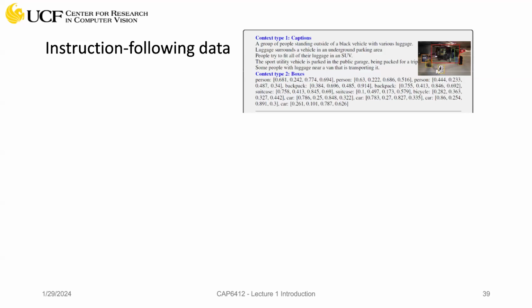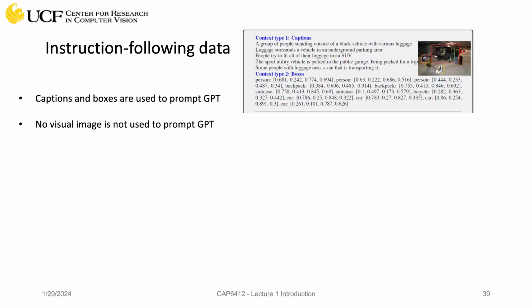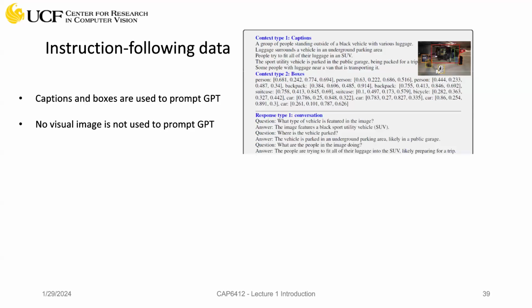You give a context of captions, you give a context of boxes, and then you prompt. You give it not to the image, but to the GPT. I think they used GPT-3.5 or something, so no visual images were used to prompt GPT, and they asked it to come up with question-answer pairs. So it came up with these kinds of things.